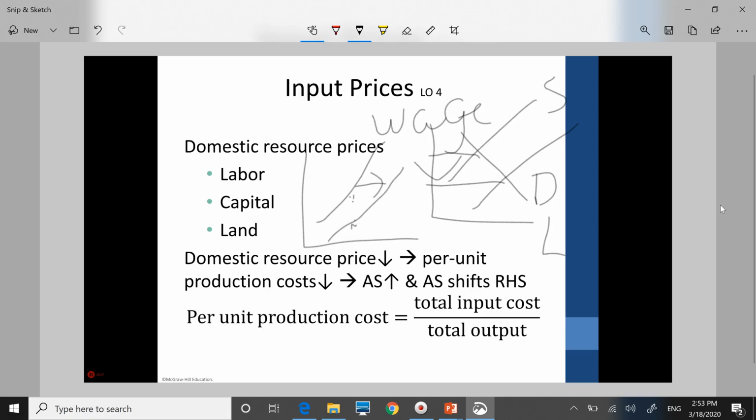And for capital, to give you an example, if prices of steel and electronic components decrease, resulting in a lower price for machinery and equipment, then per unit production cost also decreases, and aggregate supply shifts to the right-hand side.